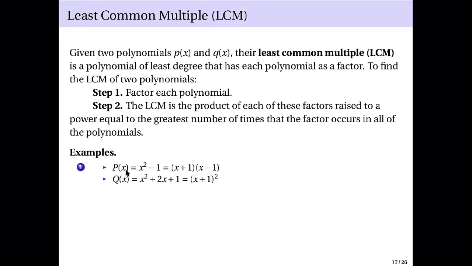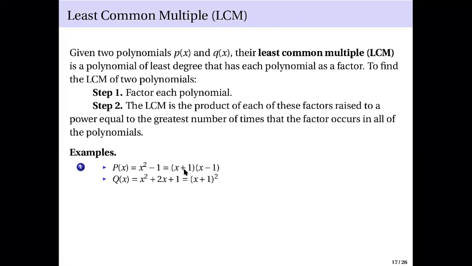For example, your p of x equals x squared minus 1, and your q of x is x squared plus 2x plus 1. The factored form of x squared minus 1 is x plus 1 times x minus 1. The factored form of x squared plus 2x plus 1 is x plus 1 squared. Okay?